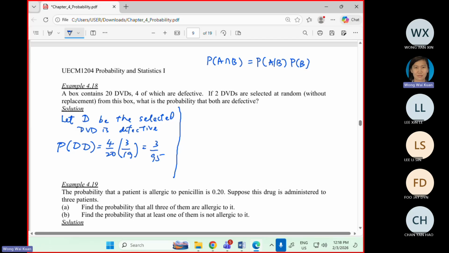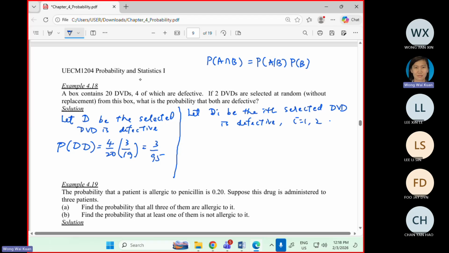Now, another proper way will be if I let Di be the event that the i-th selected DVD is defective. I have selected 2, so i can be 1 or 2.